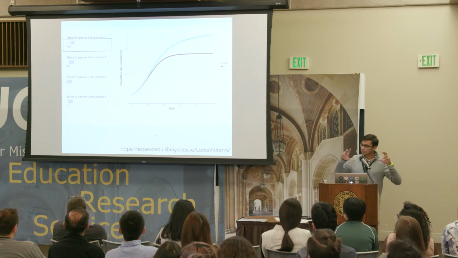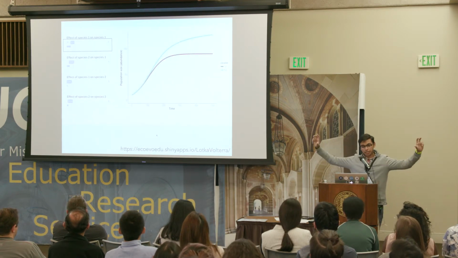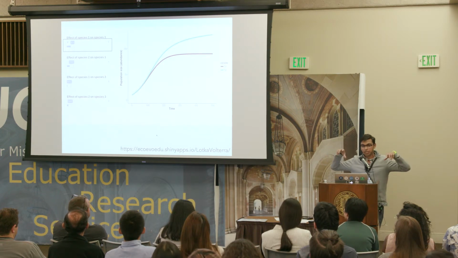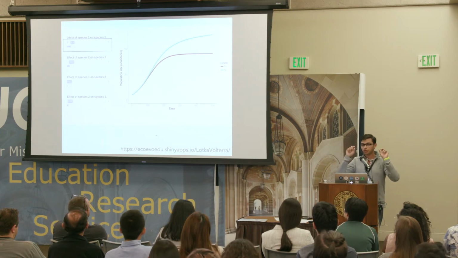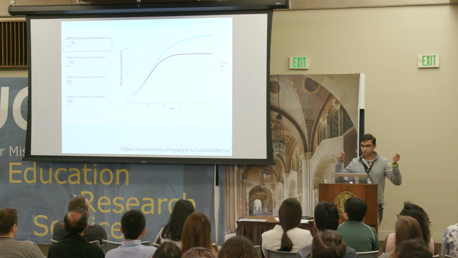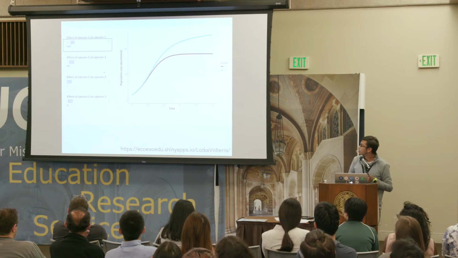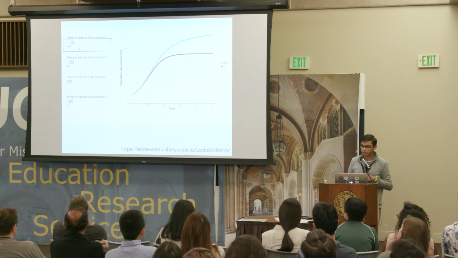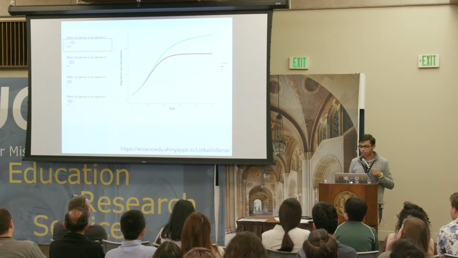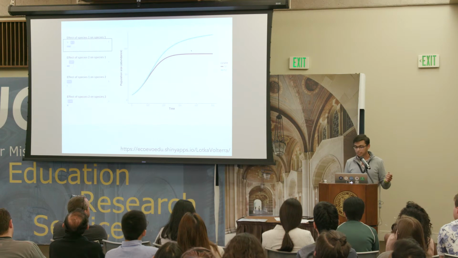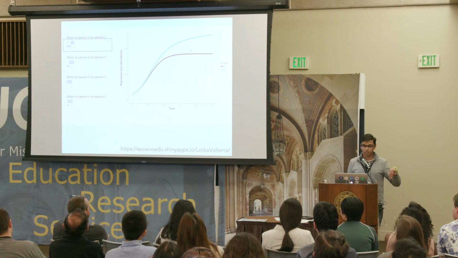So the first is those Lotka-Volterra models, those population dynamics models I showed as differential equations, can really be turned into essentially little parameters that you can tweak around and start developing biological insight. For example, we can have students play with an app like this, where they can tweak around the parameters in that model, and for some parameter combination, they can see that both the green and the purple species coexist, and that the green is at a higher population level than the purple.